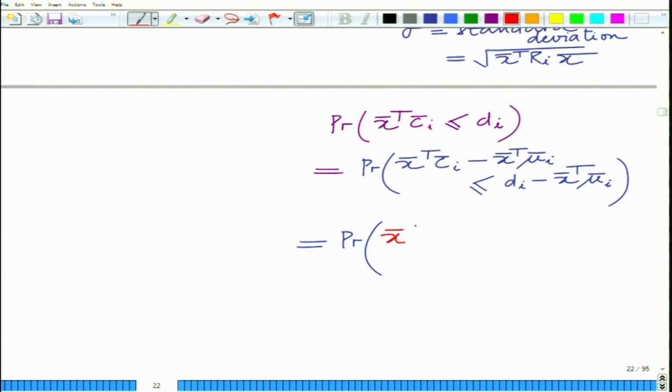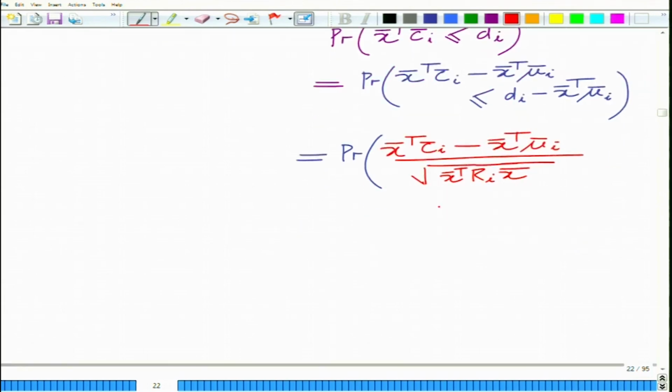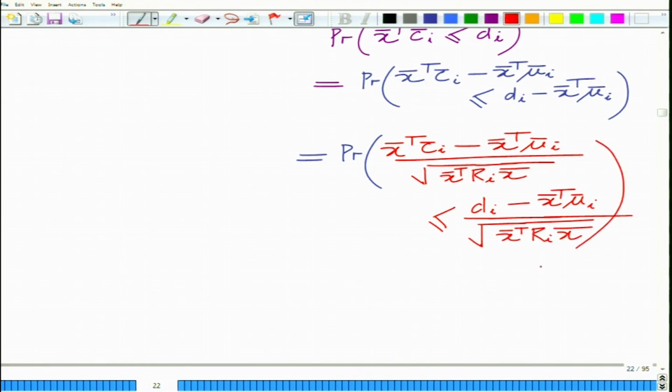Dividing both sides by the standard deviation, this is equal to the probability that x bar transpose C bar I minus x bar transpose mu bar I, divided by the square root of x bar transpose Ri x bar, is less than or equal to di minus x bar transpose mu bar I divided by the square root of x bar transpose Ri into x bar.